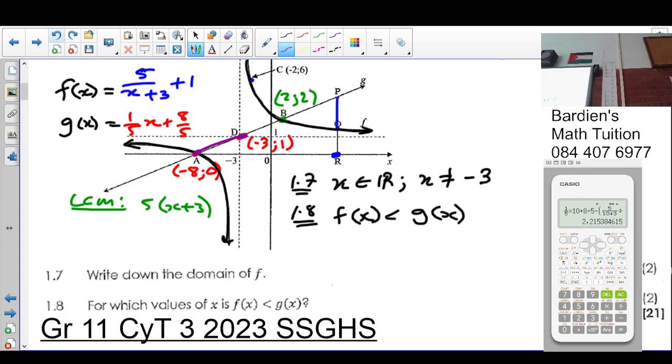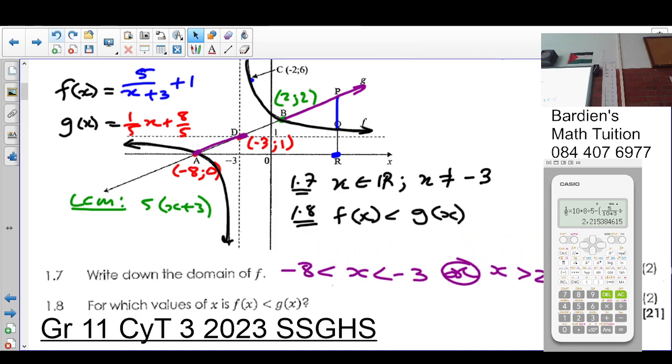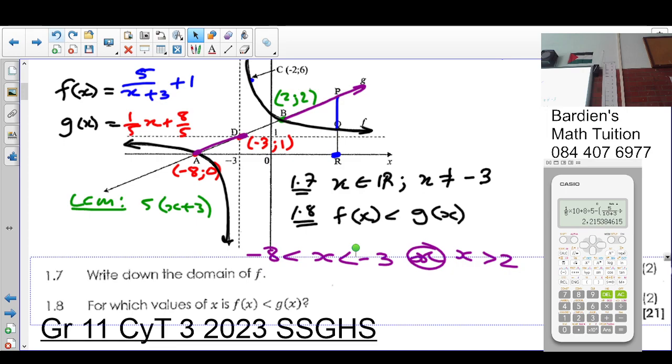And then the g of x graph is again below, which I'm not interested in. Even on the other side of b, it's above. So in other words, x has to be greater than negative 8 but less than negative 3, or x must be greater than 2. Alright.